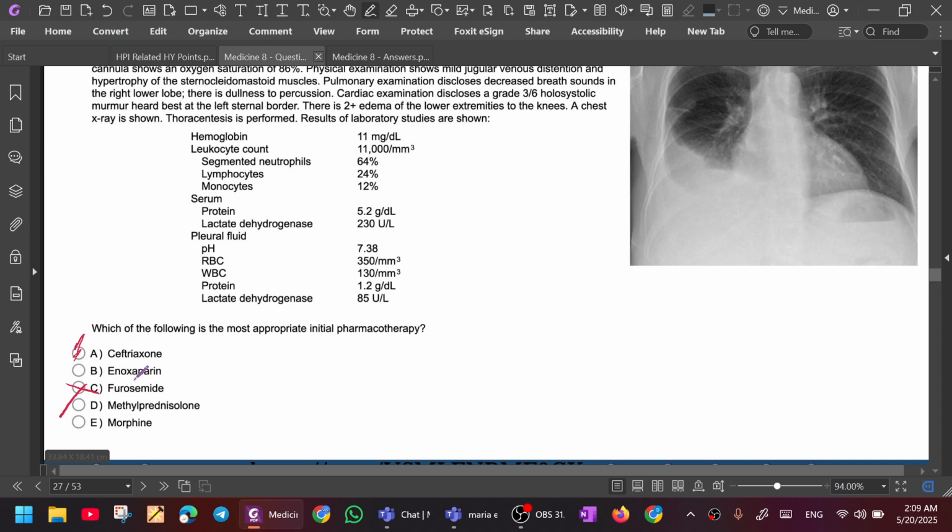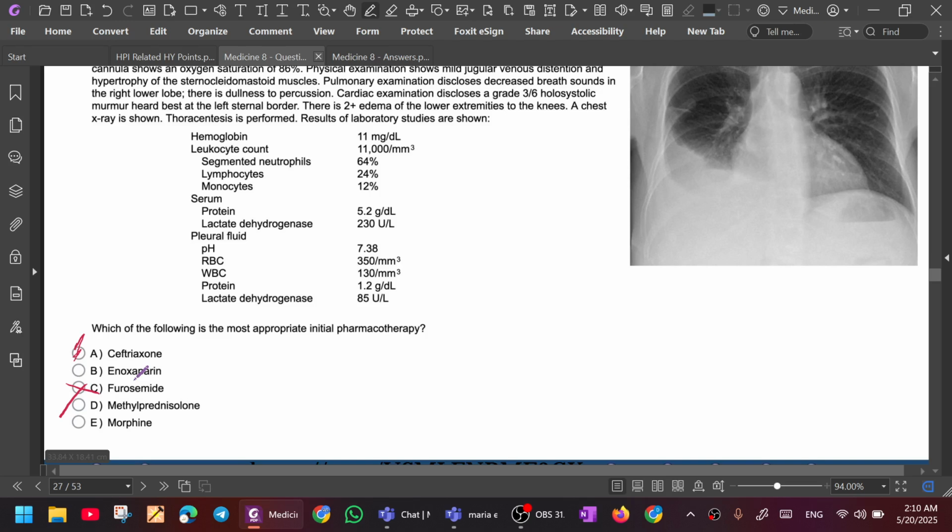Pleural effusions are categorized into exudative and transudative effusions based on the Light criteria, which assess three ratios: whether pleural protein to serum protein is greater than 0.5, pleural LDH to serum LDH is greater than 0.6, or pleural LDH is greater than two-thirds of the upper limit of normal for serum LDH.